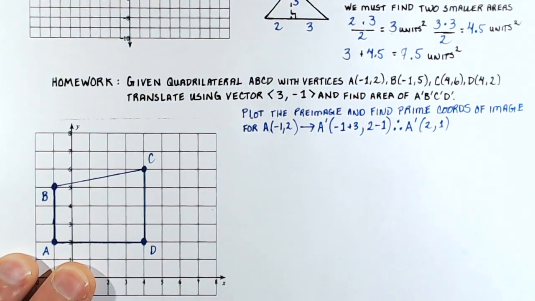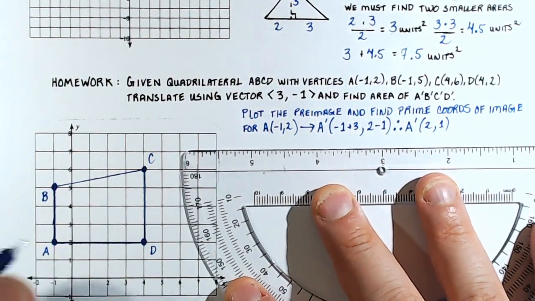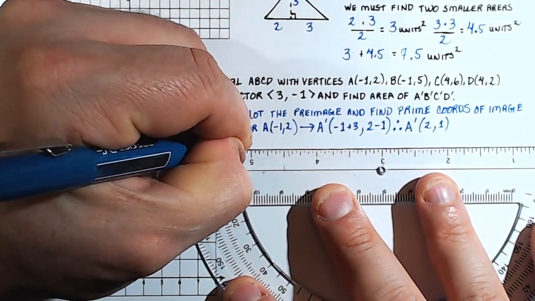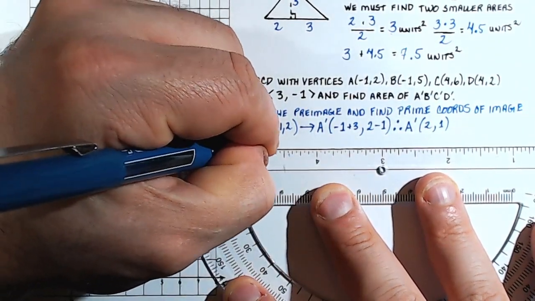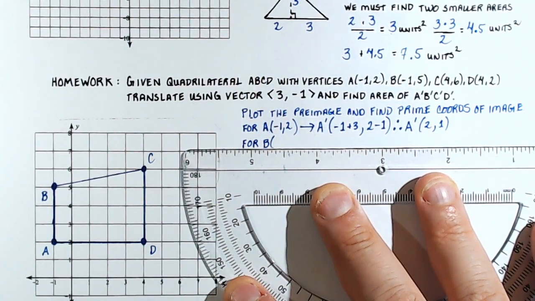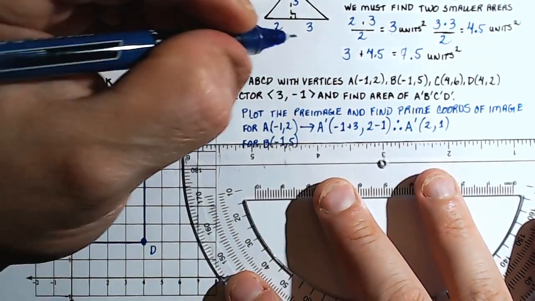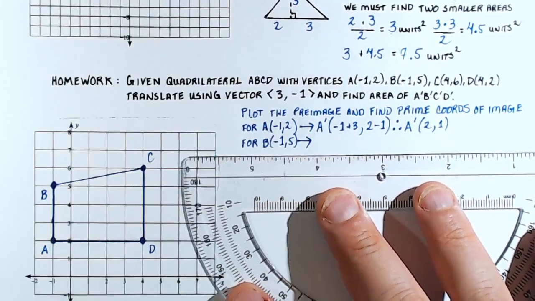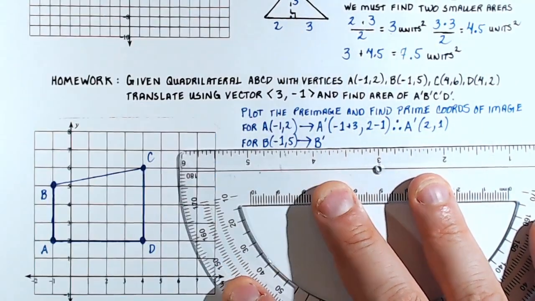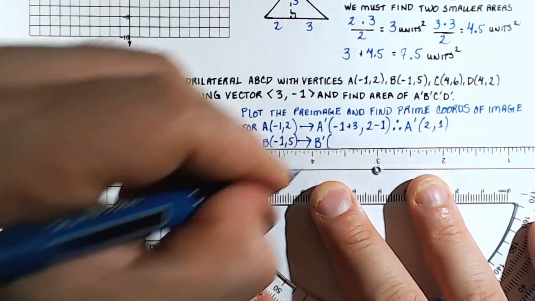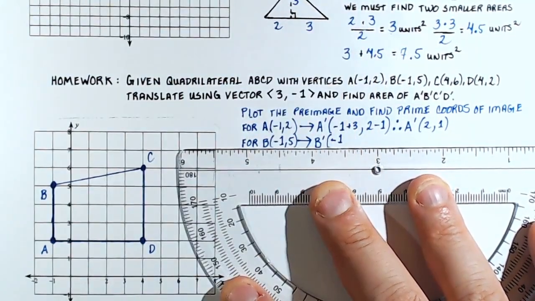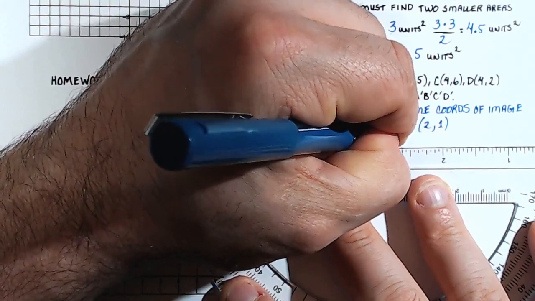Okay? So let's do B. For B located at -1, 5, we have B prime located at -1 plus the horizontal component of the vector plus 3, comma, 5 minus 1, the vertical component of the vector, 5 minus 1.